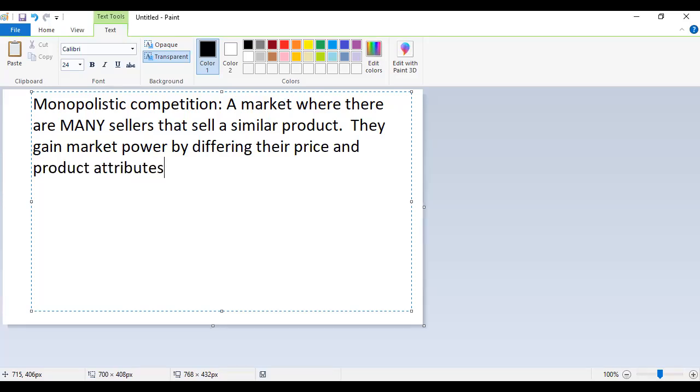So what does this mean? Monopolistic competition is basically a market where there's a lot of people selling a pretty similar item, and the way they differentiate themselves and gain market power is by having a slightly different product and selling it at a slightly different price. An example of this would be the jeans industry. Most people would say that most of the jeans are the same.